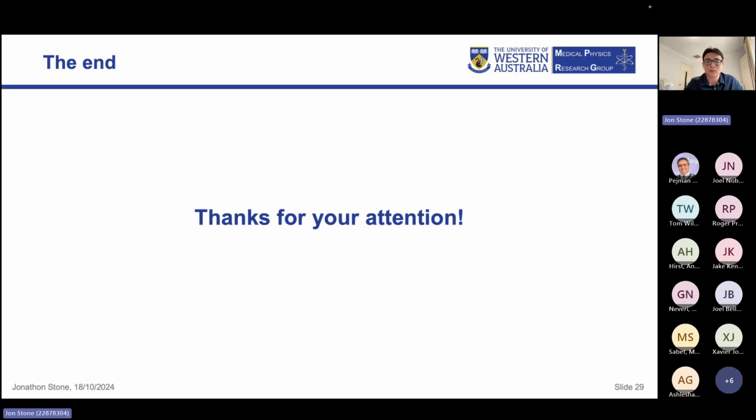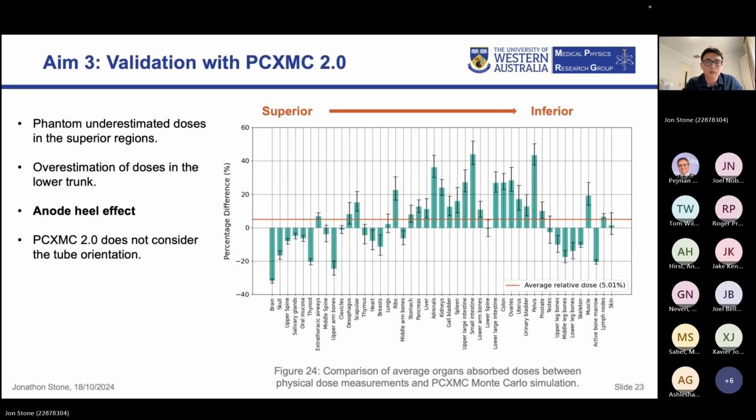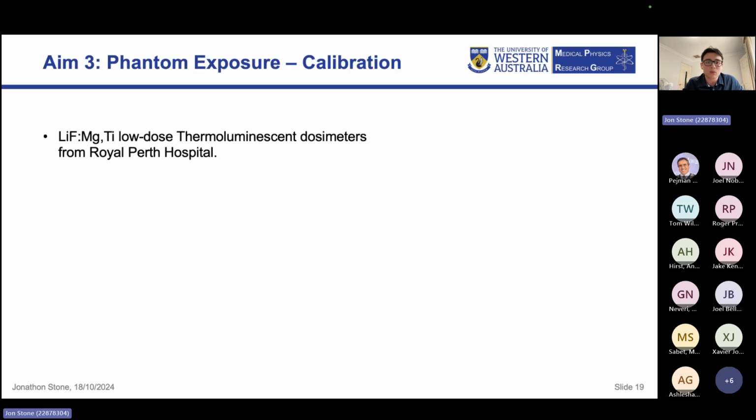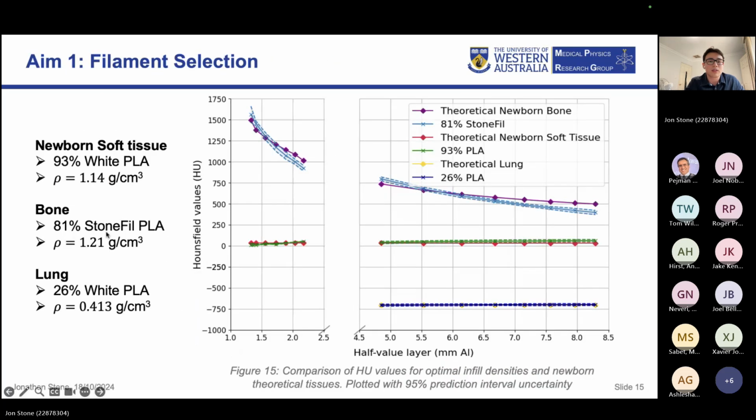But if I go back to this, we can see the density of the PLA and the density of the stone fill and the lung tissue. So if someone was able... That's a really good point. Exactly. Cool. Good work. Thanks, Andrew.